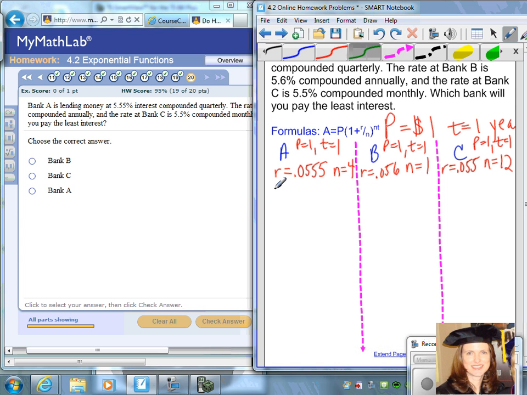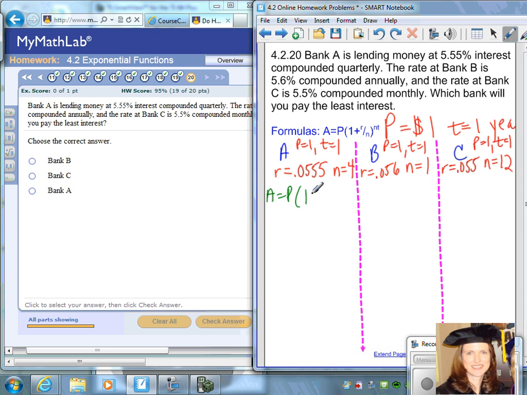Okay, using the formula, A equals P times (1 plus R over N) to the NT, and plugging in what we know, it's going to be $1 times (1 plus 0.0555 divided by 4) raised to the 4 times 1 power.